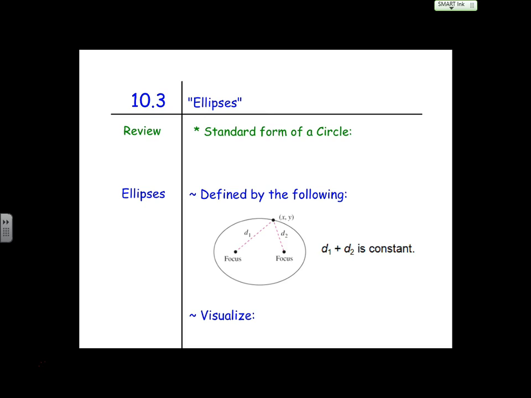An ellipse has foci as well, but not just one. It's going to be a little rough because the magnets don't work. There we go. Is that a circle?